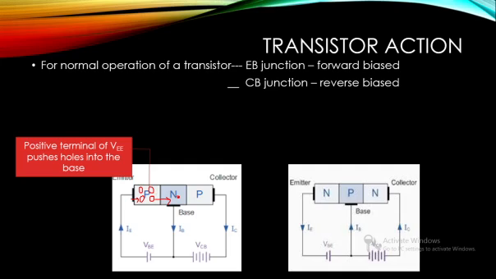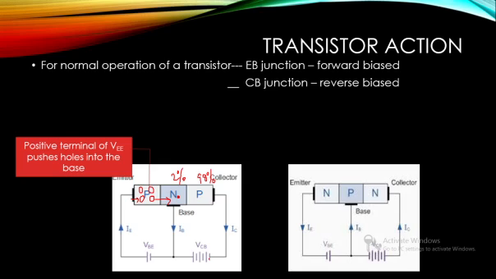Very few, maybe about 2% of the holes coming from the emitter, will recombine with the electrons in the N region, and the remaining 98% will reach the collector. The collector is reverse biased, which means its P region is connected to the negative terminal, opposite polarity.